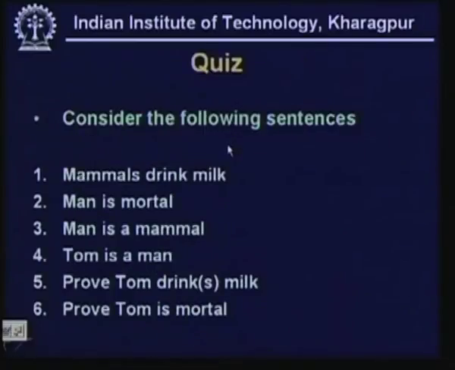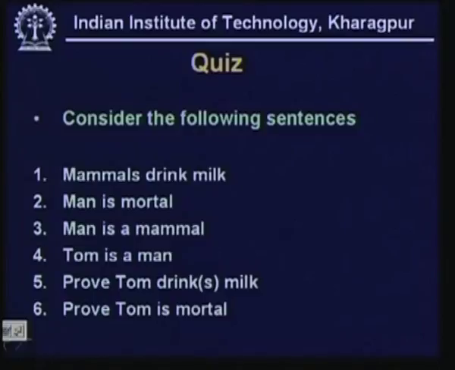let us quickly come to some practice quiz, which you will have to try. Please take down. Consider the following sentences. Mammals drink milk. Okay. Assume whether in the real world it is true or not, let us not bother about that. We are thinking of a logical world. So, when we are making a statement, I am assuming that this statement is true.